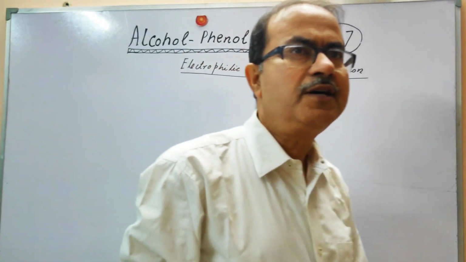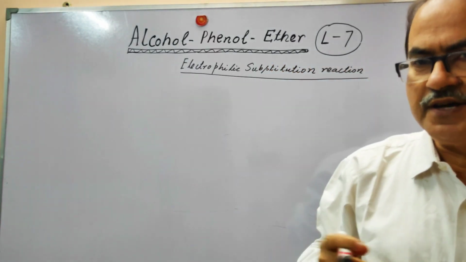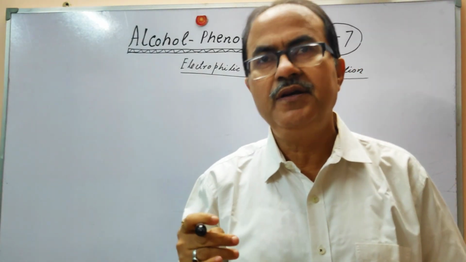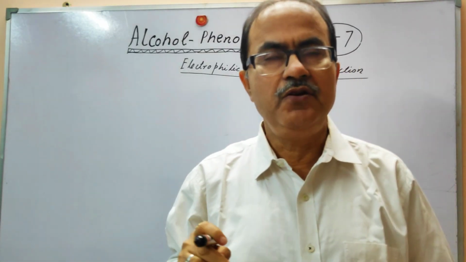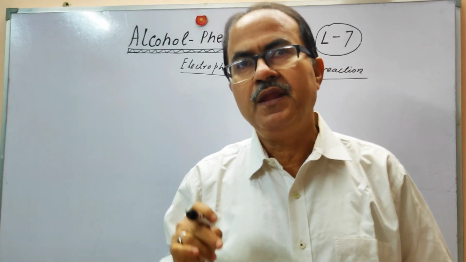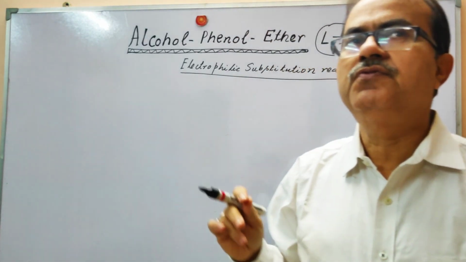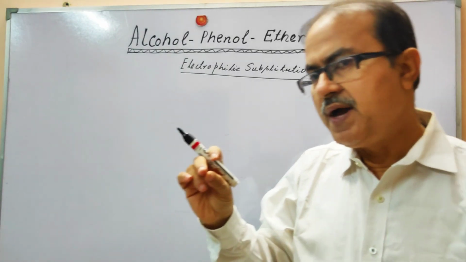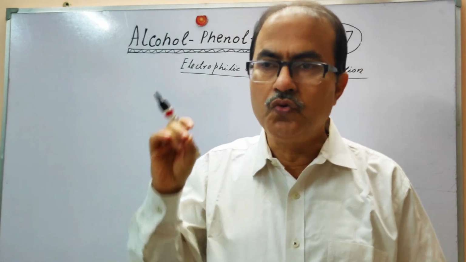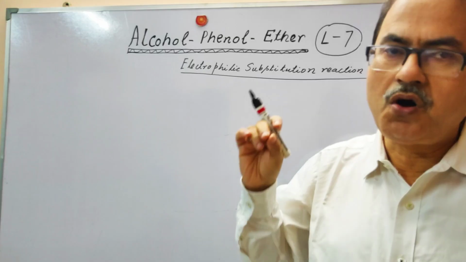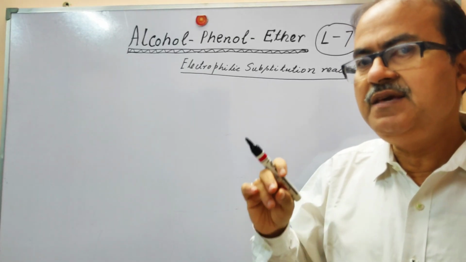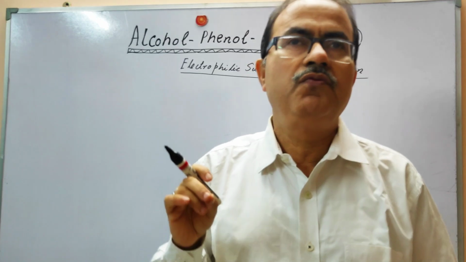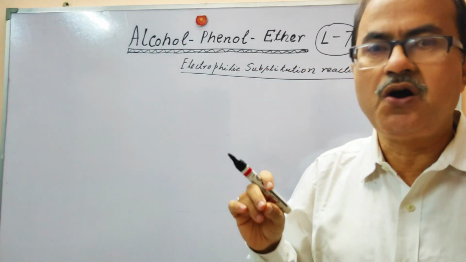We will discuss different reactions that occur on the benzene ring in phenol. First we understand why the incoming group joins at the ortho position and the para position, and that can be easily understood from the resonating structures of the phenol.